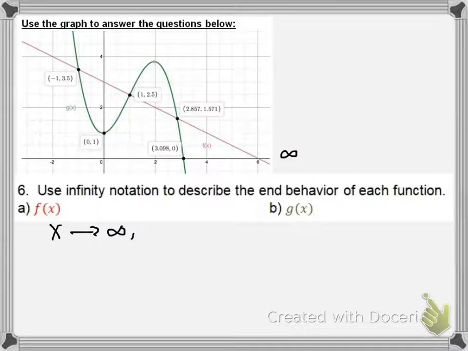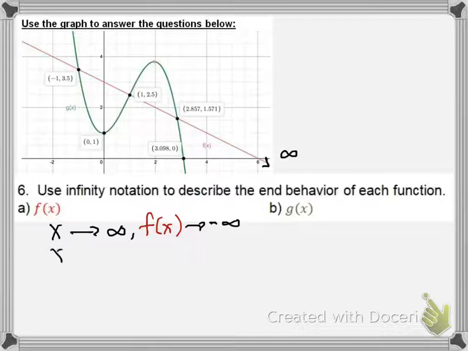Or in this case, the y value is the f of x. So we're saying as x goes forever in the positive direction, is the y going up or is it going down? Looks like we're going down here. So f of x is going down to negative infinity.